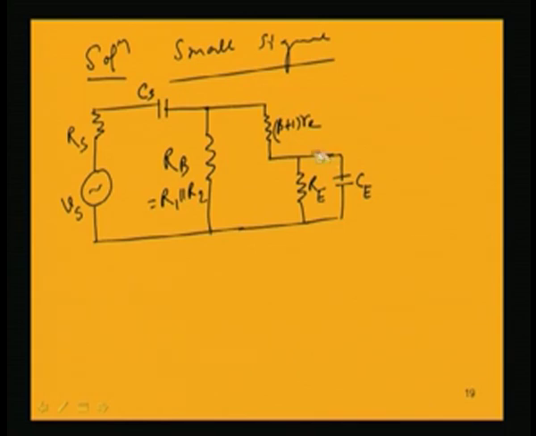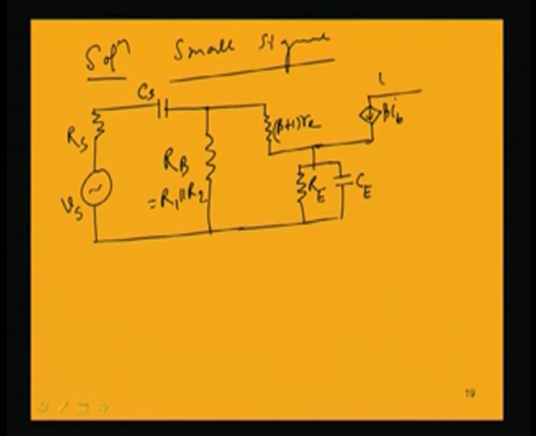Let us draw it more clearly, and the output side is having the current source beta Ib, which is the collector current.